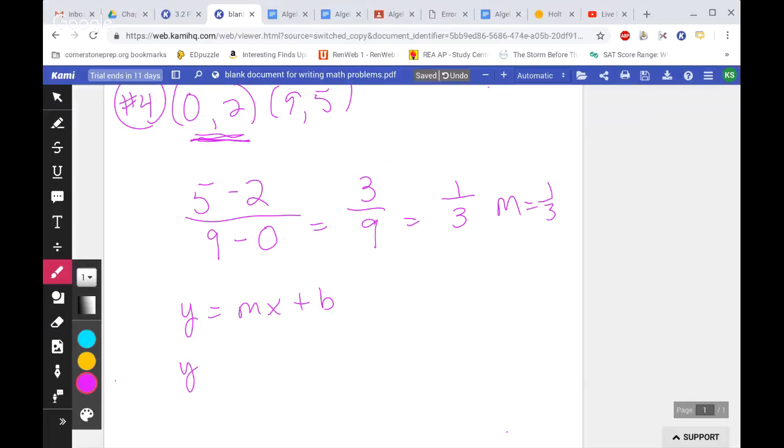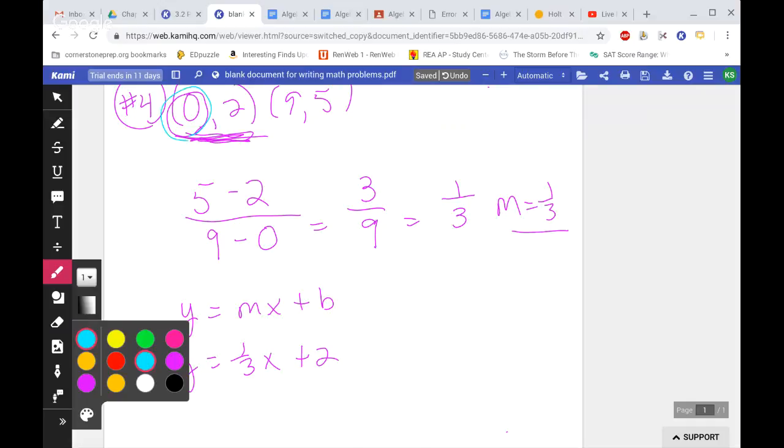I know that the slope is 1/3, and I know that the y-intercept is 2, because when the x coordinate is 0, you know that this is the y-intercept.